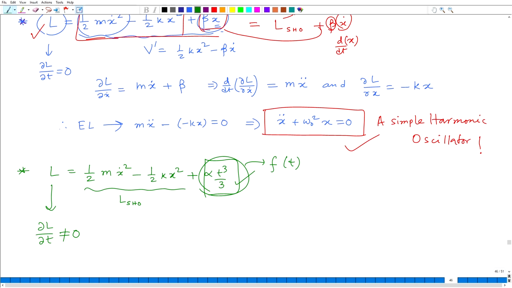Okay. I can say, okay, do I know G such that dG/dt is equal to alpha t cube by 3?